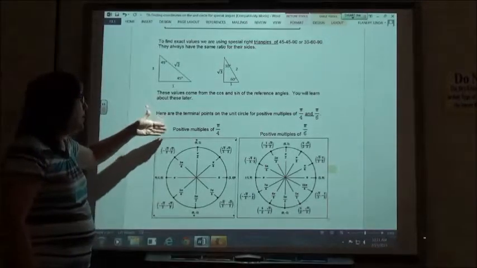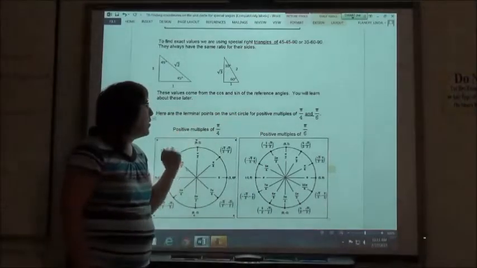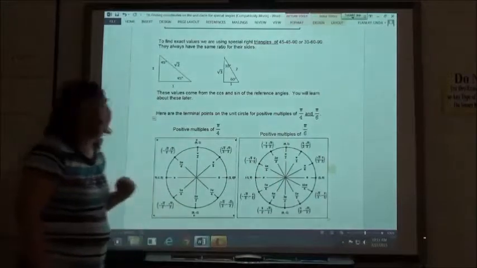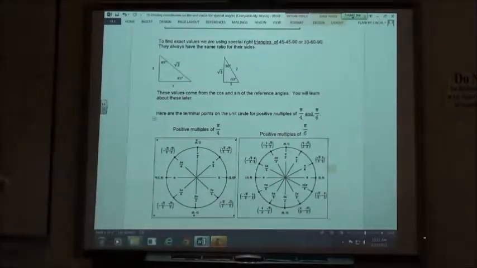So you'll be able to either look at Linda's note sheets, or if you print and explain from ALEX, they might have these separately, one for the multiples of pi over 4 and the other one's for the pi over 6, the 30, 60, 90s.